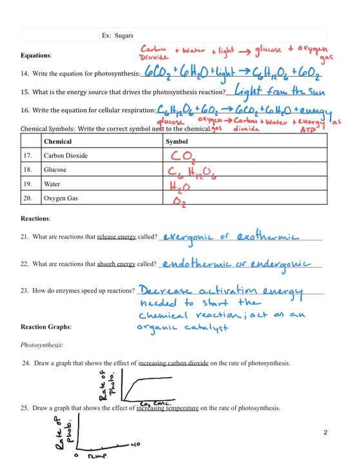Number 25 says to draw a graph that shows the effect of increasing temperature on the rate of photosynthesis. Photosynthesis can occur while water is a liquid, and it's generally most effective between 20 and 30 degrees. So again, I've set up my graph. I have the rate of photosynthesis on the y-axis and temperature on the x-axis.